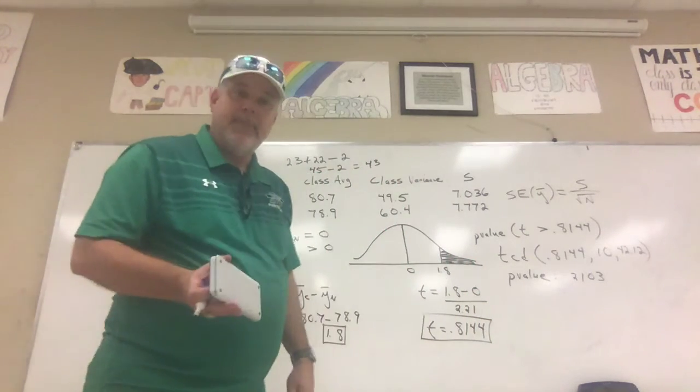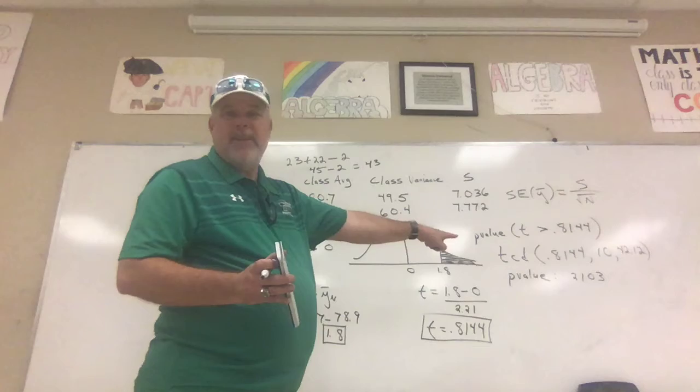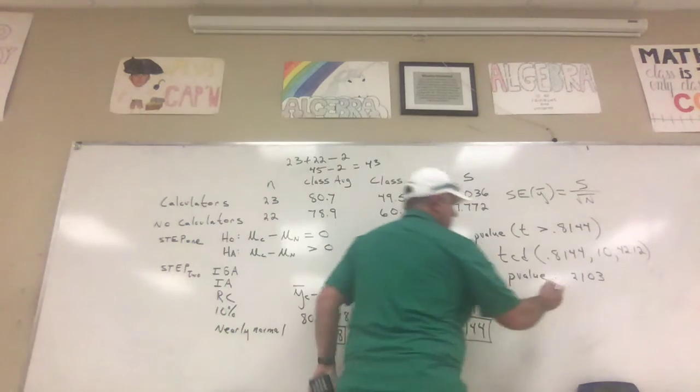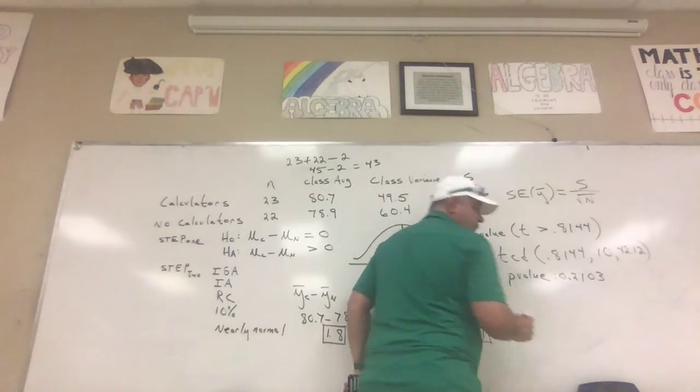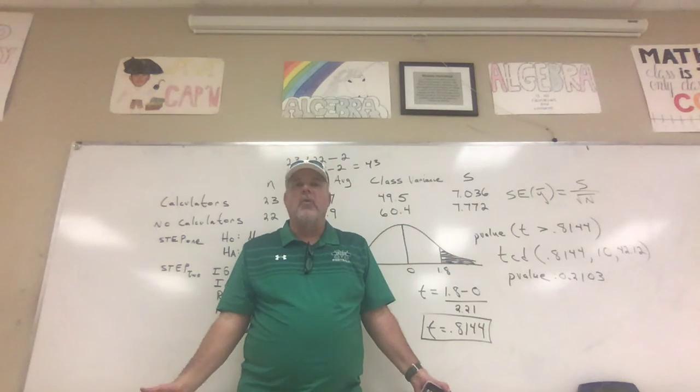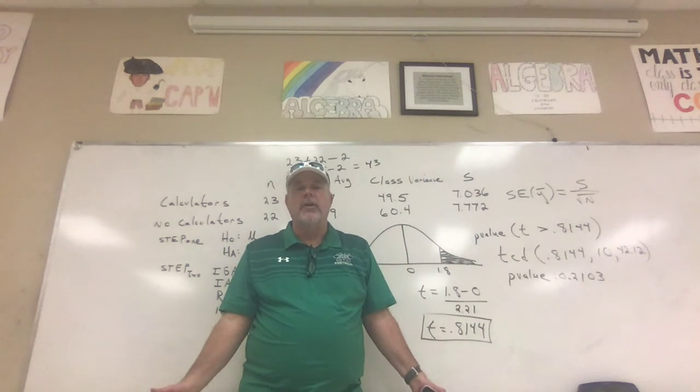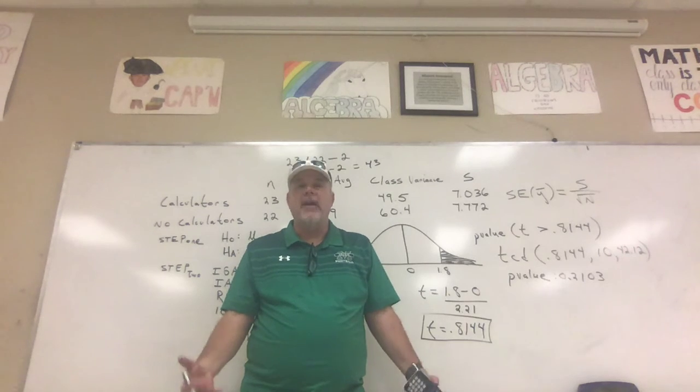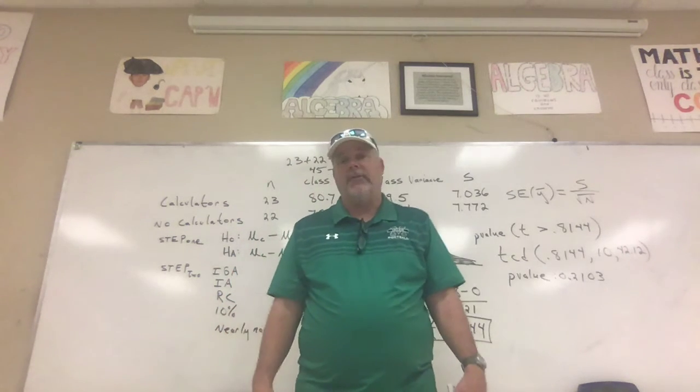Here's what happens on the AP test. That p-value is so much bigger than 0.05 that no matter what alpha level I would have used, I am going to fail to reject the null hypothesis.